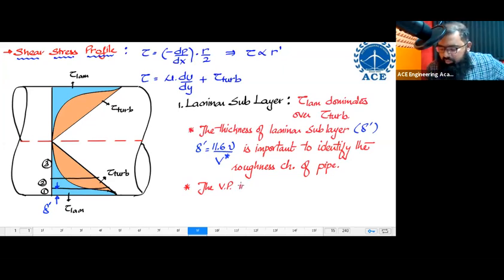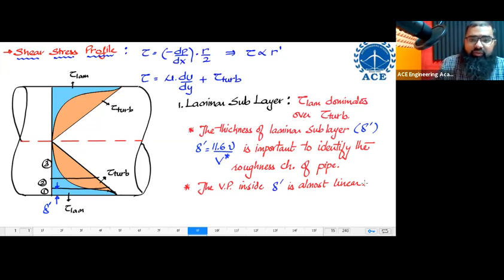But the velocity profile inside delta prime, that is the laminar sublayer region, is almost linear. Please remember this. So these two points you are supposed to remember regarding the concept of the laminar sublayer region.